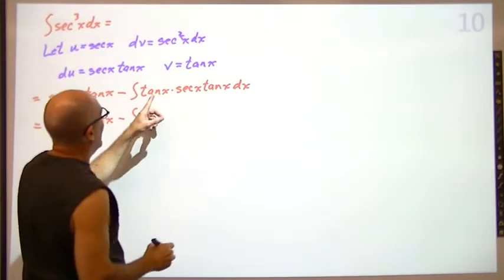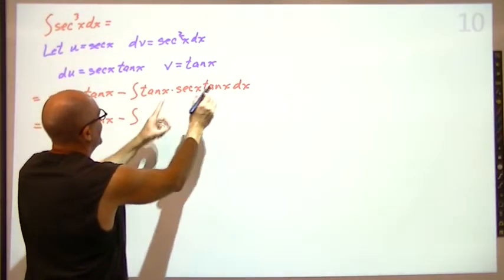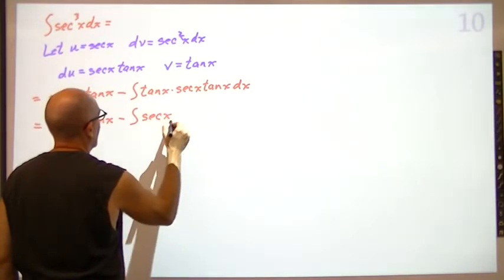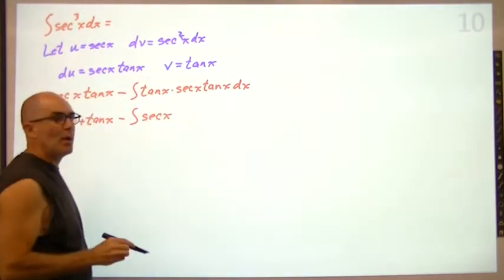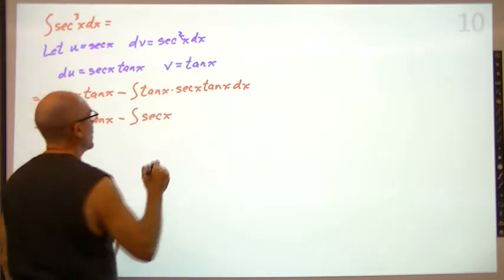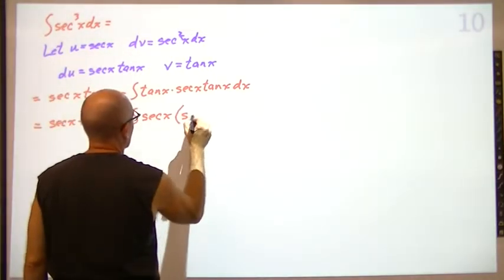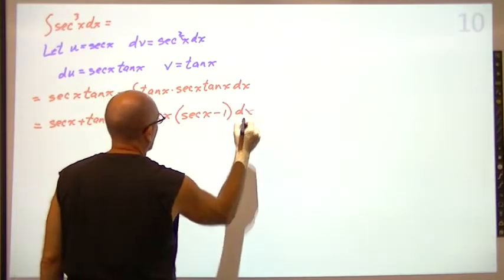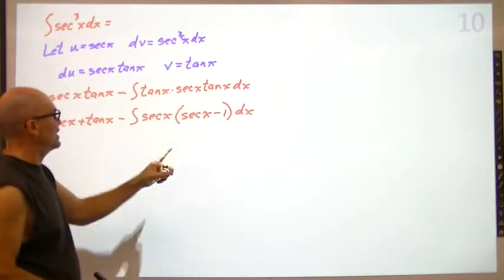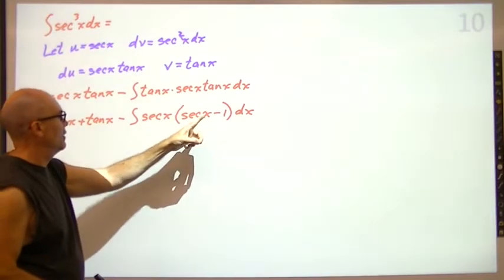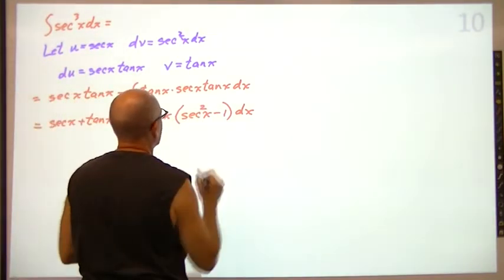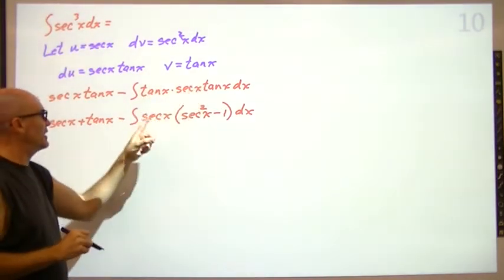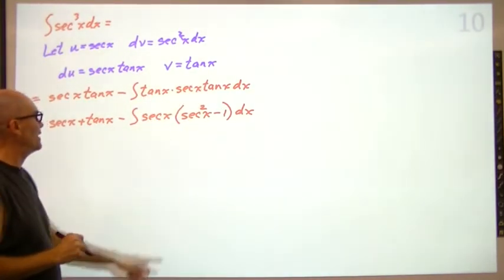Now, I've got secant times tangent squared. Now, tangent squared equals secant squared minus 1. So secant times tangent squared equals secant times secant squared x minus 1.